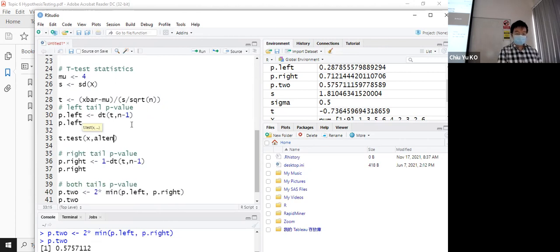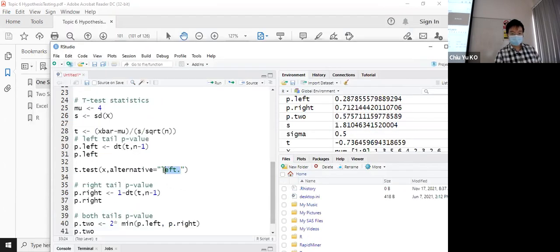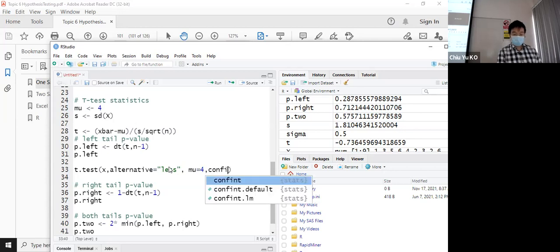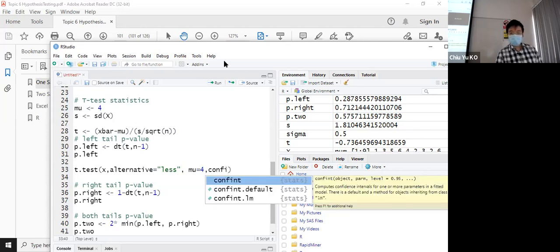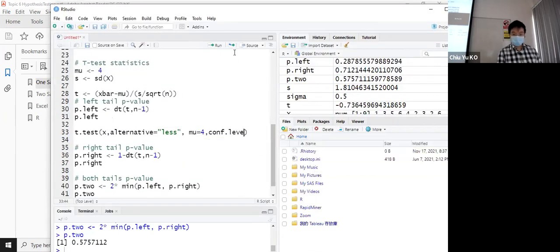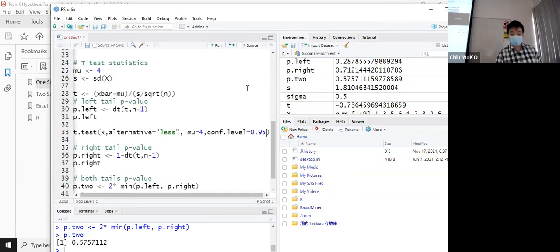Our alternative is equal to left, less. And our mu is 4, and our confidence level is 0.95.